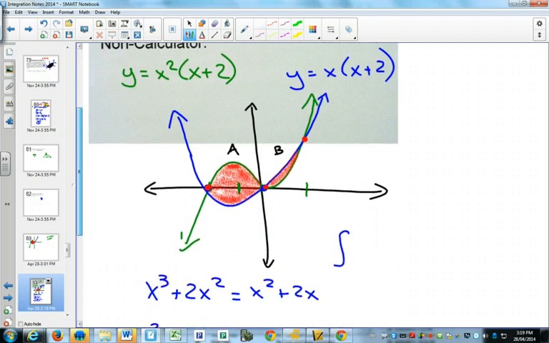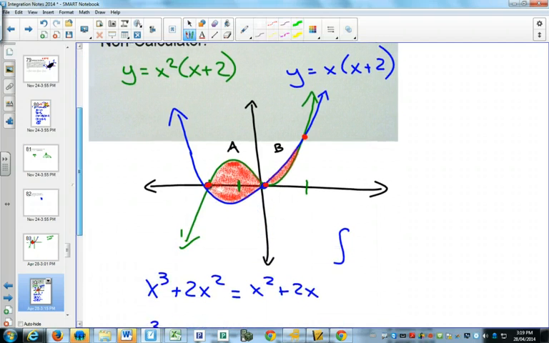so that when I show the integral, we can go from -2 to 0, and we called the cubic f. So the green one was f, and the blue one was g. So the first one is going to be the integral of f minus g dx.